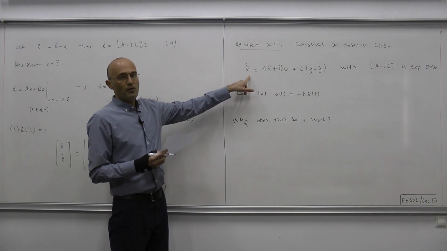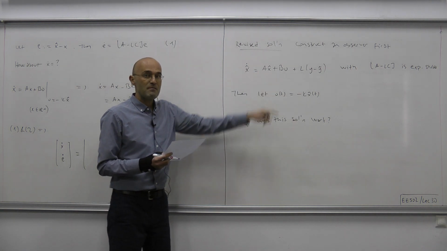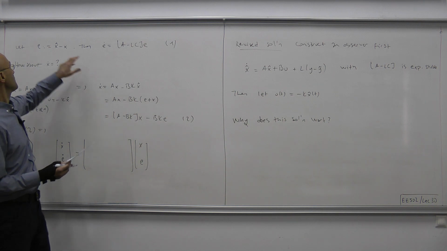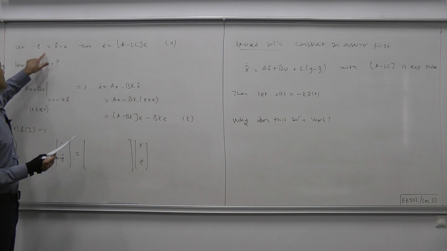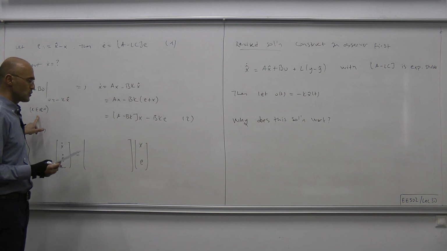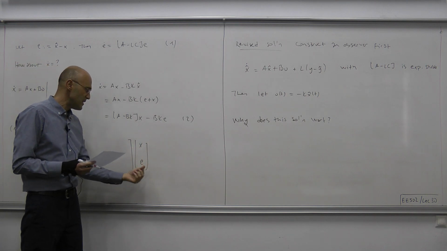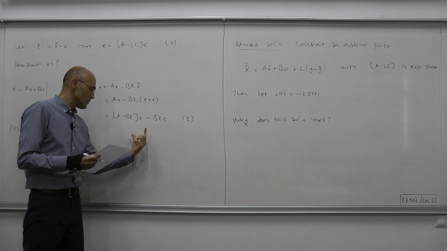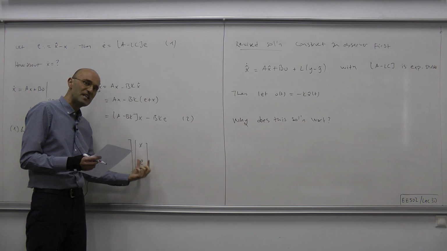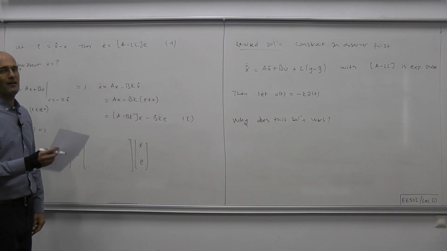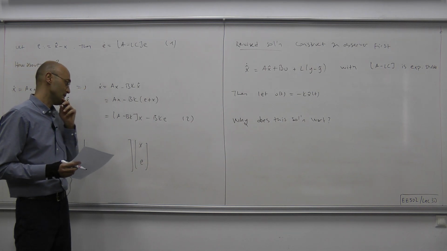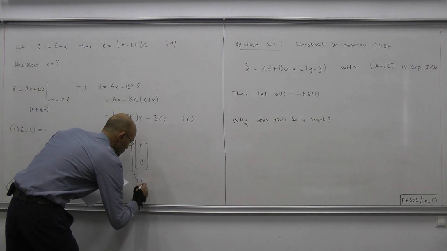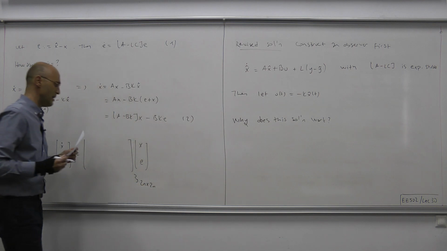The order of our observer must be the same because we're using the same dynamics, and as a result, since the error is x hat minus x, the error also belongs to R^n. So if we consider this thing as our new state, the first part is in R^n, the second part is also in R^n, so the entire new big state is in the space R^2n. That makes this matrix a 2n by 2n matrix.